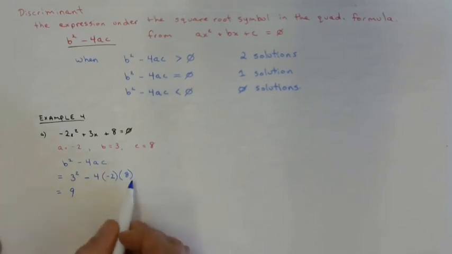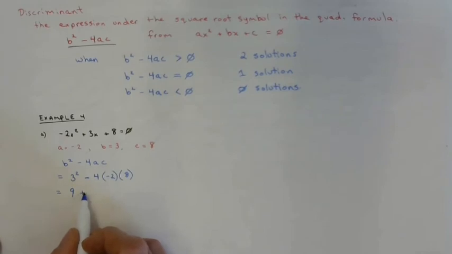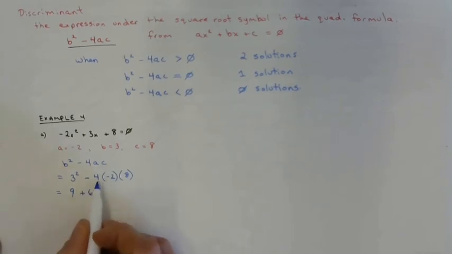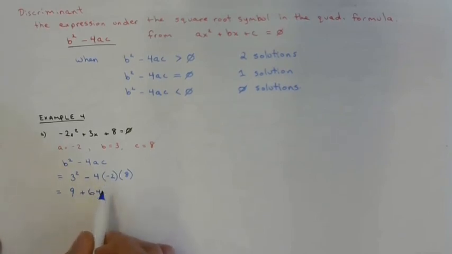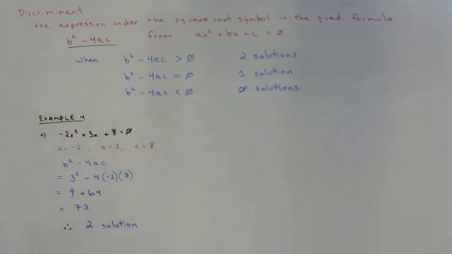So I'm going to be adding this. 4 times 2 is 8, times 8 is 64, and it's positive because 2 negatives make a positive. Okay, so I'd be done here. This is positive. Therefore, I could do the next step. It's 73. Therefore, how many solutions? 2 solutions because the discriminant is positive.